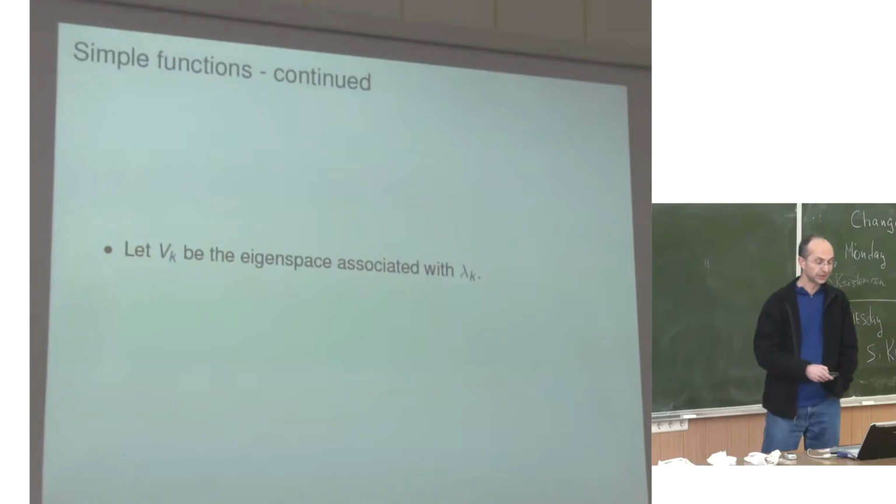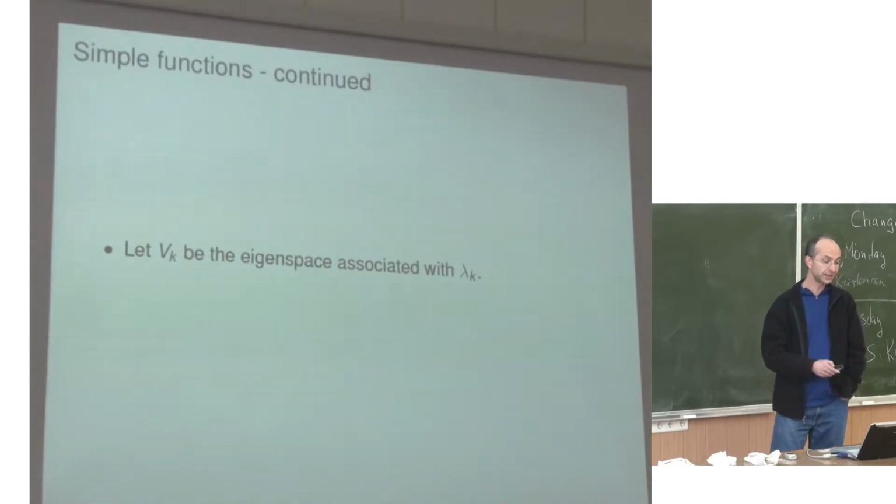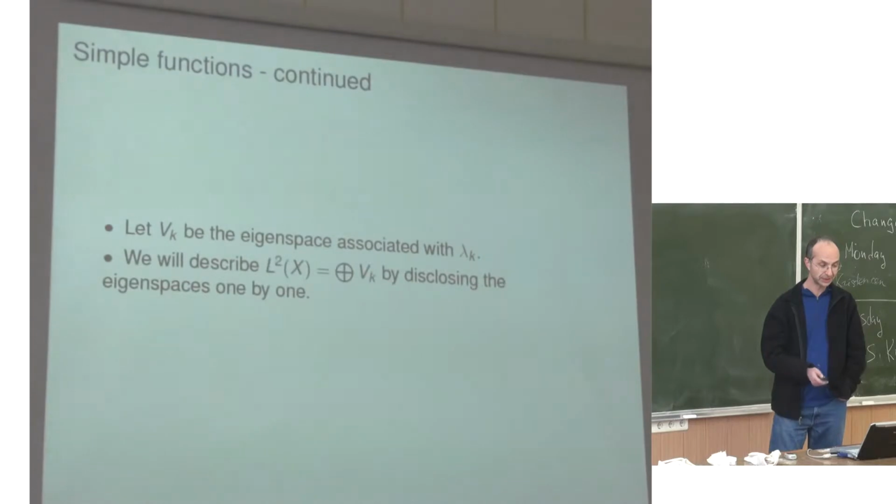Okay, so what's a simple function? Let V_k be the finite dimensional eigenspace associated with the k-th eigenvalue. Our point of view is that we are going to describe the space of functions by uncovering these eigenspaces one by one, from the simpler to the more complicated.